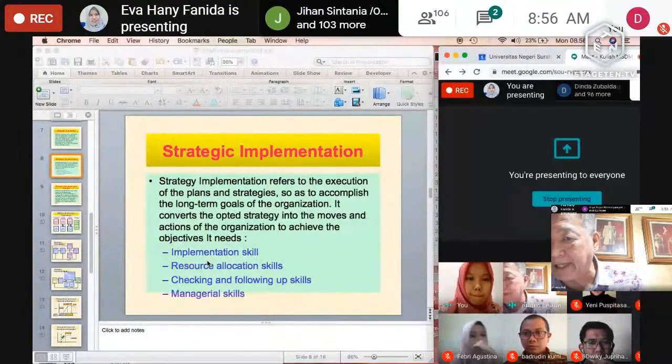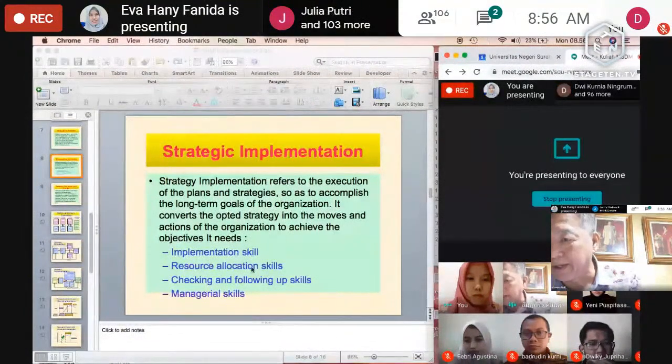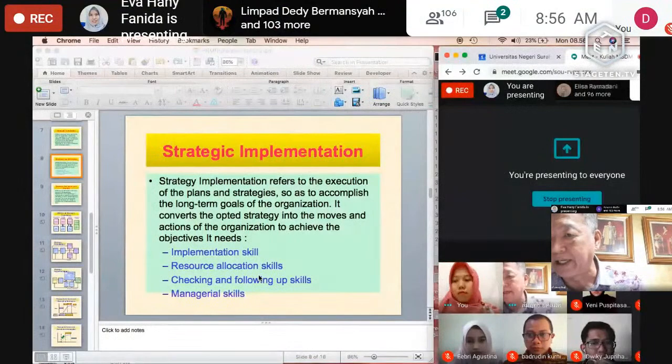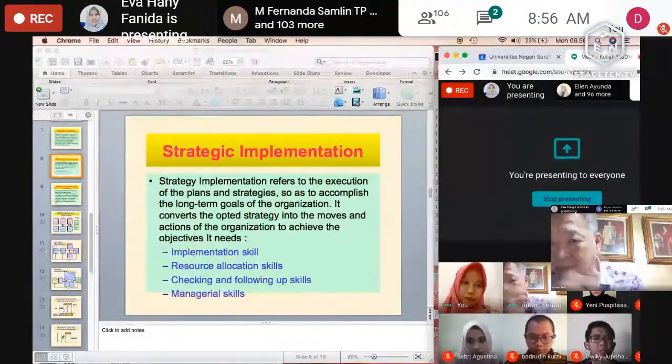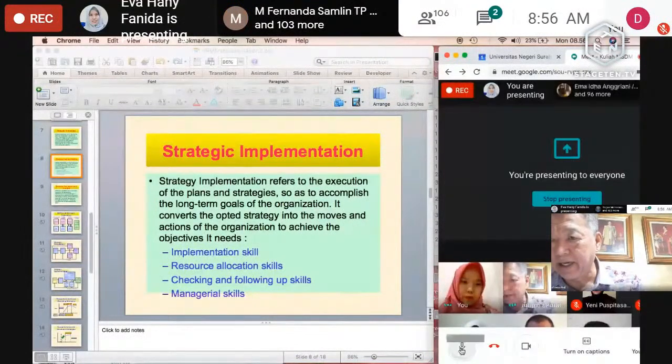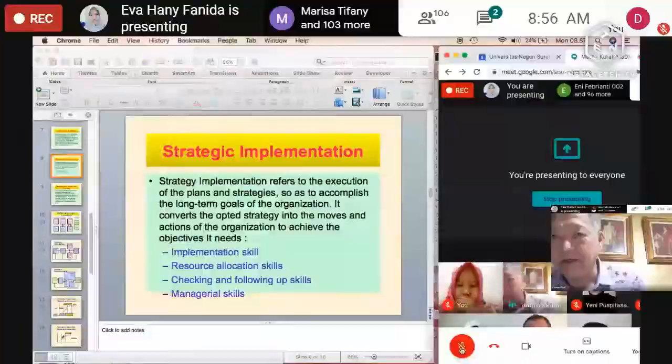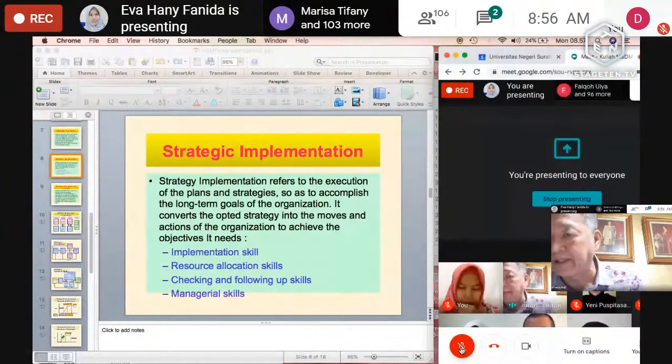You have studied policy implementation, so we know what contributes to the success or failure of implementing policy. It is the same, so that is why we put implementation skill. If you don't have implementation skill and you don't know what the problems and obstacles are, you cannot make the strategy implementation successful.